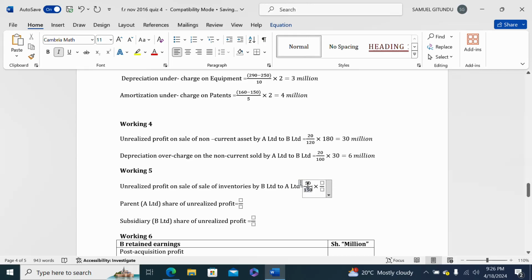So that is why we are taking 50 out of 150. If it was a margin, then we would have taken 50 out of 100, but now it is a markup. That's why we are taking 50 out of 150.